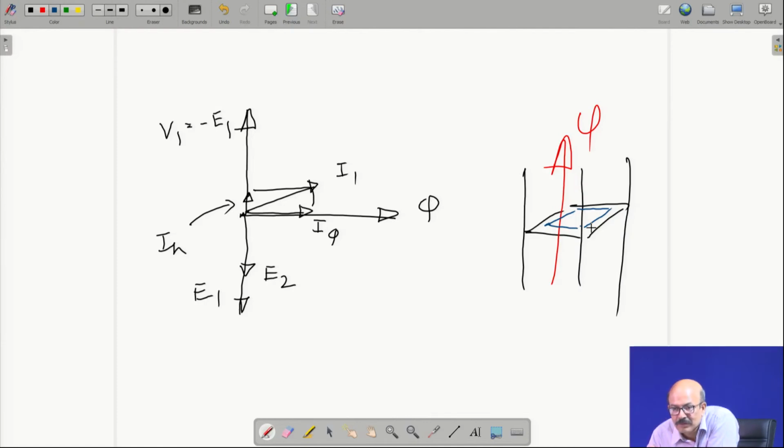Current will be flowing. The current will flow in the direction to oppose the flux. So let us take which direction the current flows.